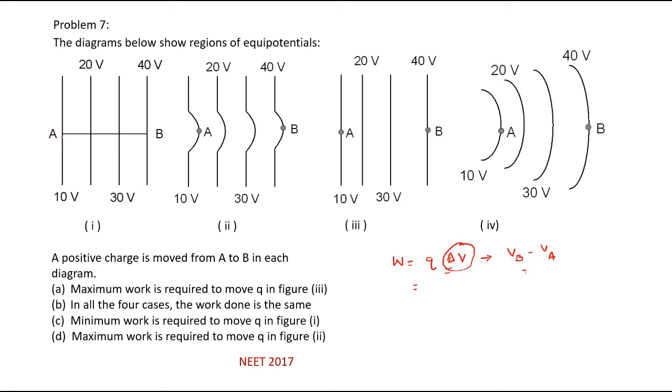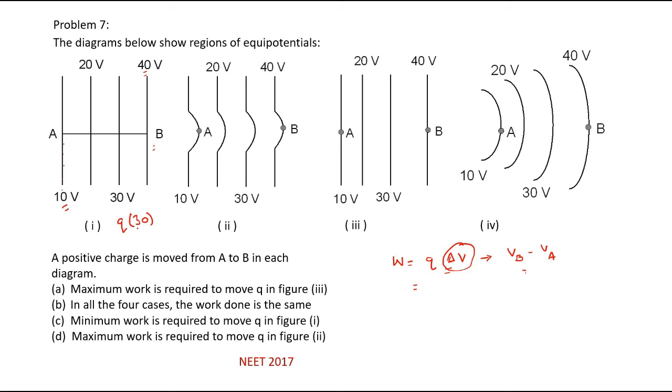But you see, point A here has a potential of 10 volt. All points falling on this line as indicated here will have a potential of 10 volt. And at B, the potential is 40 volt. So for case 1, the work done would be Q into 40 minus 10, that is 30.